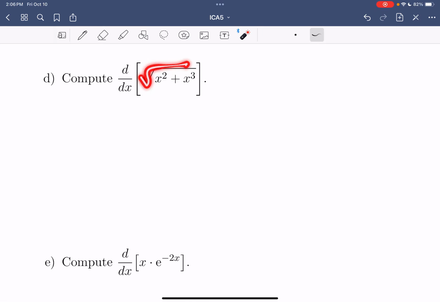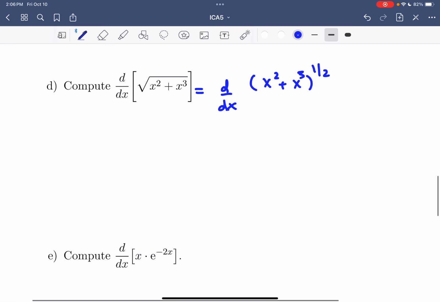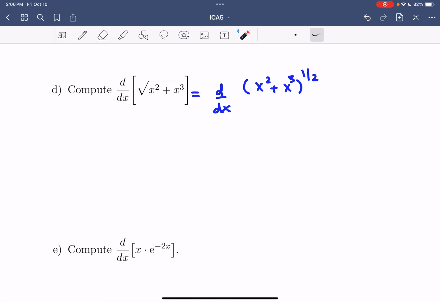This is an exponent, so you have to use algebra first. So this is d/dx of (x squared plus x cubed) to the 1/2, and you have to use the chain rule, okay? One more time, notice that I'm just using algebra from here to here, so I keep the symbol. Once I apply the rules, then I get to get rid of the symbol, okay?